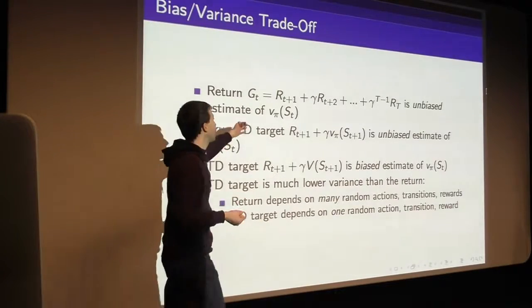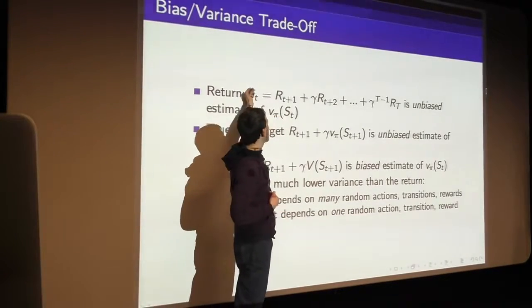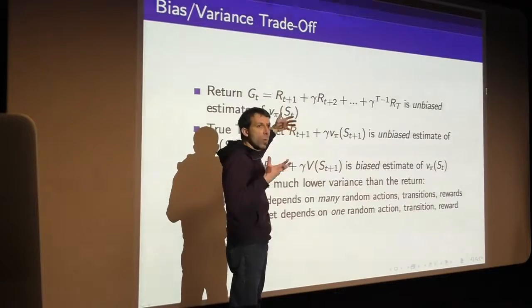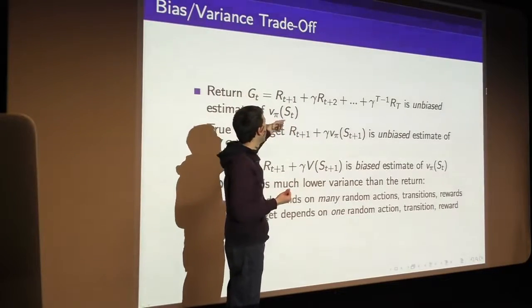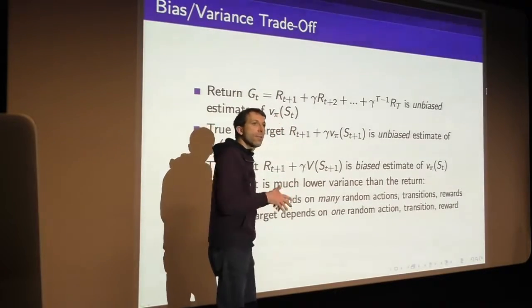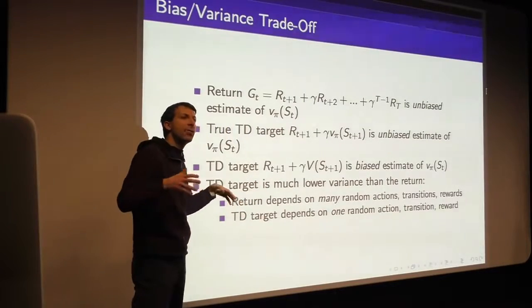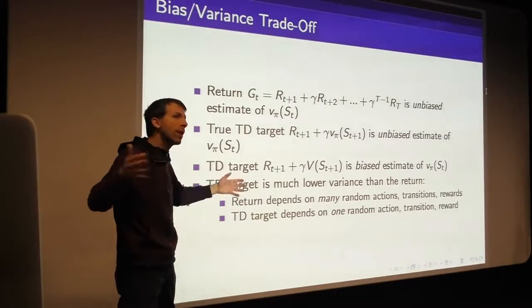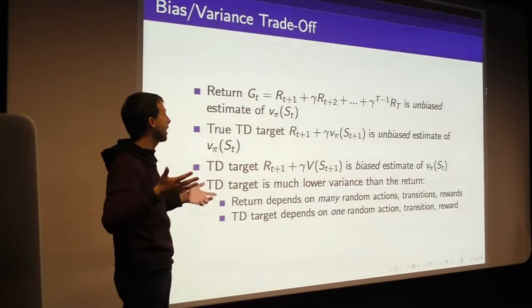The definition of value is the expected return, so this is just a sample of that expectation. If we update towards the return, we're not introducing any bias. The law of large numbers will take effect, and we'll find the true value function.